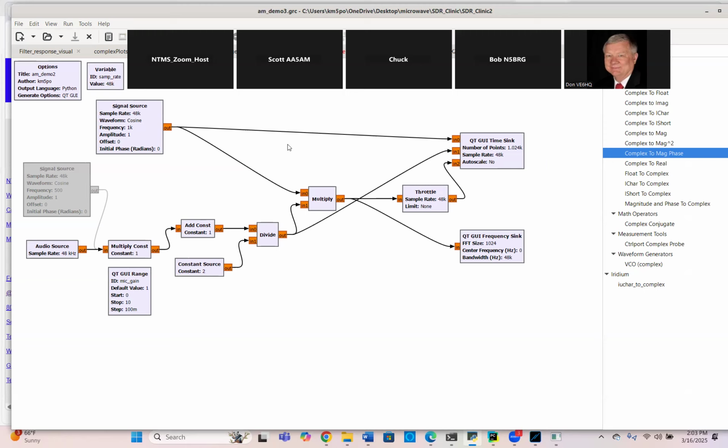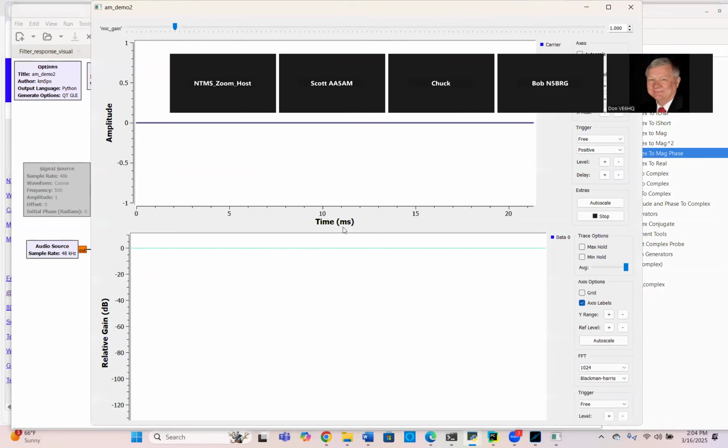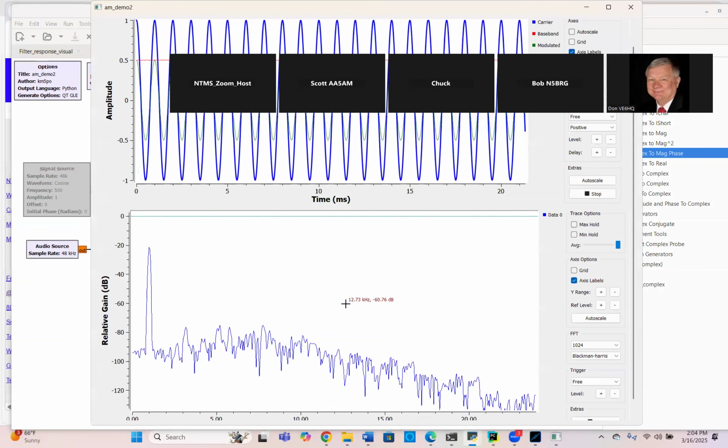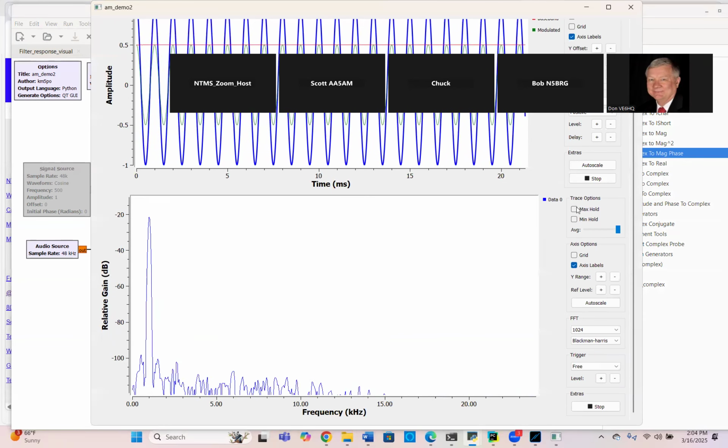That's a great observation. I did catch myself trying to inspect for harmonics, and I'll run this again. And I did see some unwanted signals down here. The problem is that this doesn't go all the way down to the noise.